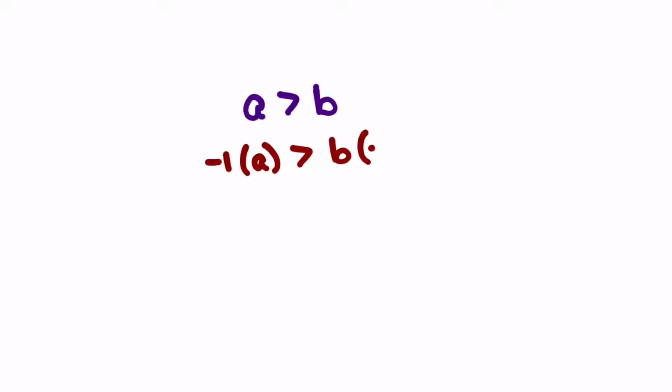Okay, what that last page said was that if I have A greater than B, and if I were to multiply both sides by a negative number, let's say by -1, then what I would get is -A and -B, but the key thing here is flipping your sign.